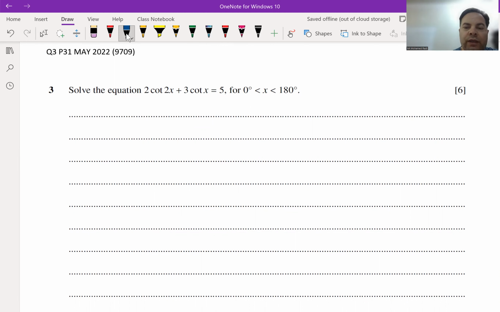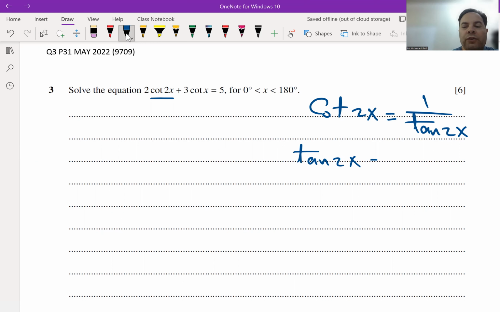Let us start with identities of tan. This is cot 2x, but we can get cot 2x as 1 over tan 2x. And tan 2x is equal to 2 tan x divided by 1 minus tan squared x.